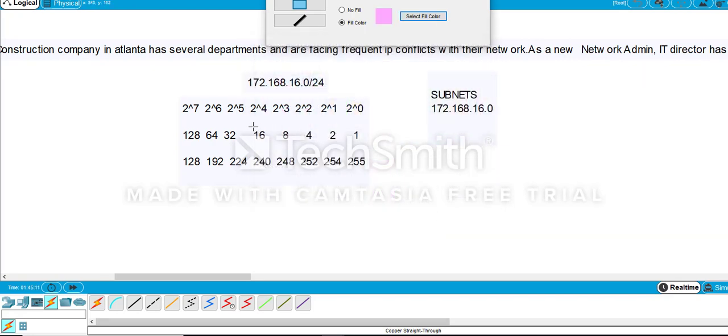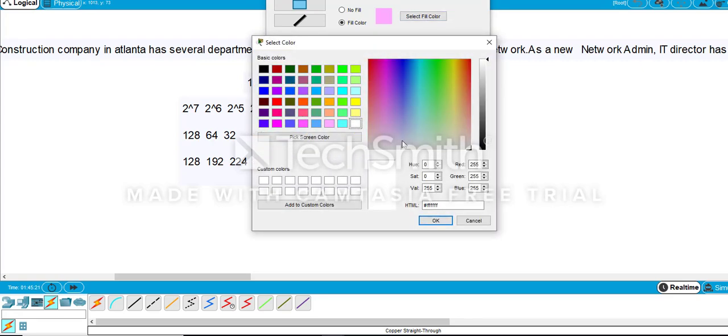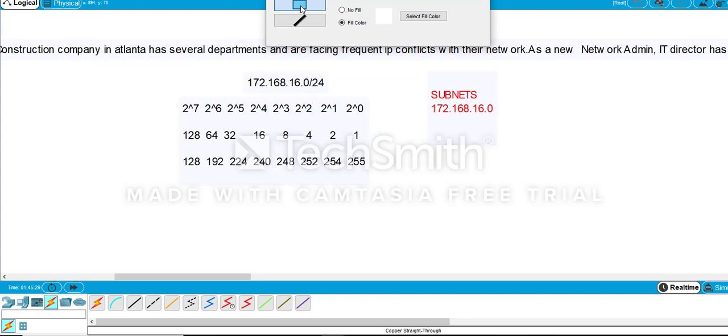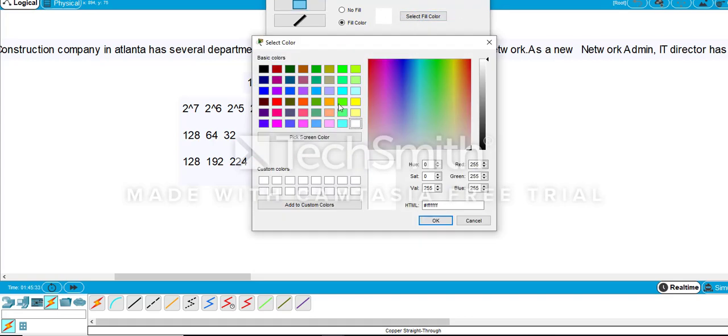Fill color, I need to select the palette, fill color, pink.